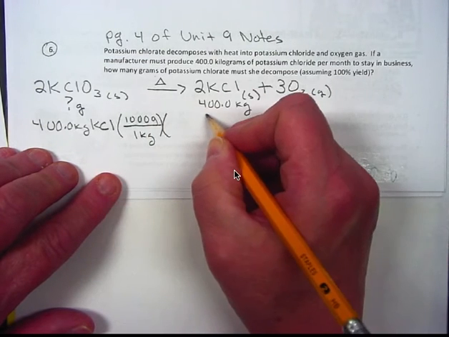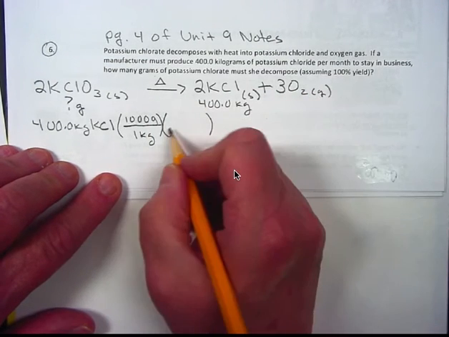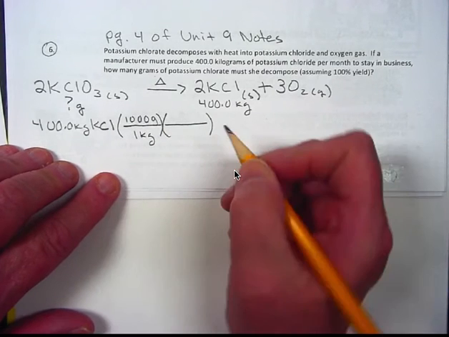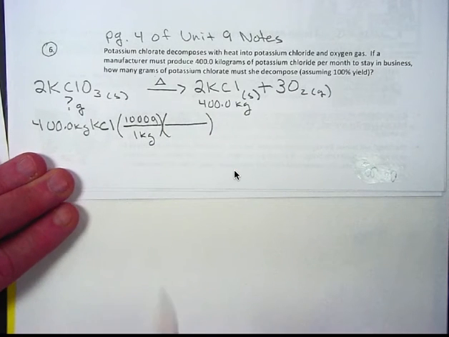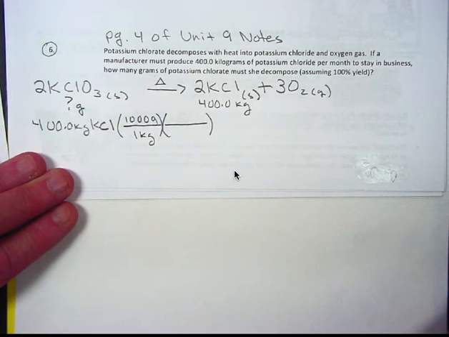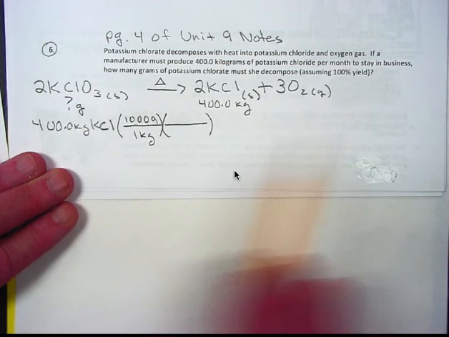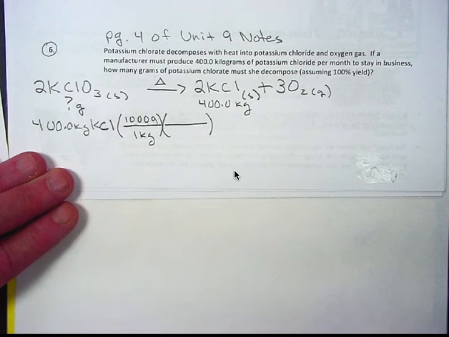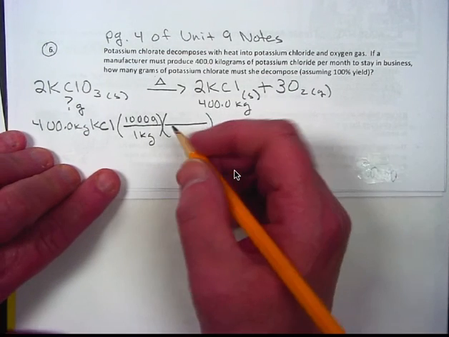Our next step, which is just always going to be our next step, is to convert to moles. The only way we can really relate between different substances in an equation is by going through moles. That's the only relationship that we can interpret from the coefficients in an equation.